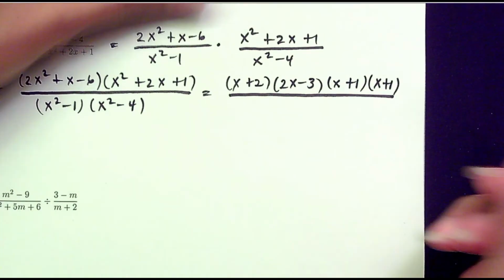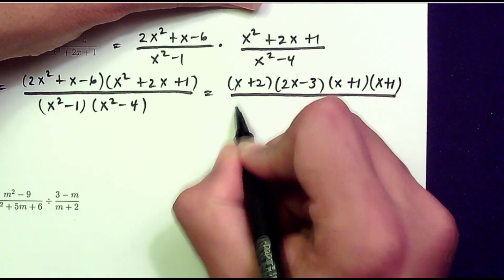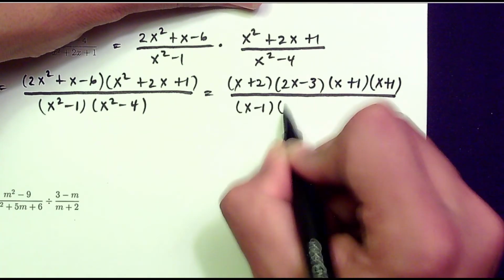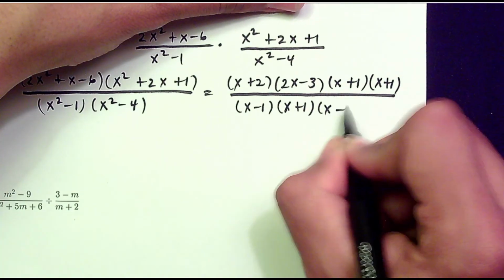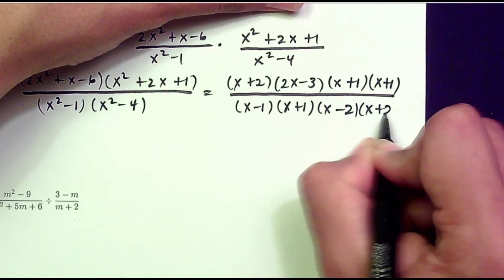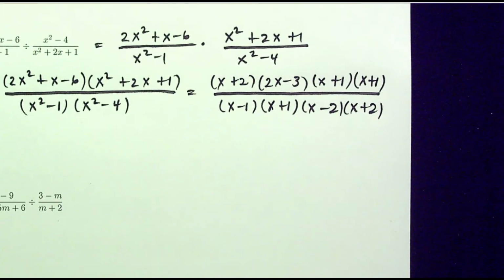And then the bottom, both of these are difference of squares. So that's x minus 1, x plus 1 for the first one. And the next one is again a difference of squares, x minus 2, x plus 2. Okay, so now everything is factored as much as possible. Now we can go ahead and cancel common factors.